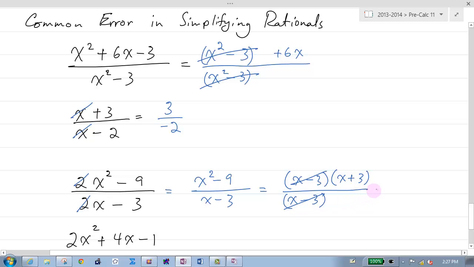What is wrong with this simplification? Where did the error start? At the beginning, we cannot cancel this 2 because it's not a factor. That 2 has to be a factor of both terms on the top and both terms at the bottom. Right? So it has to be factored.